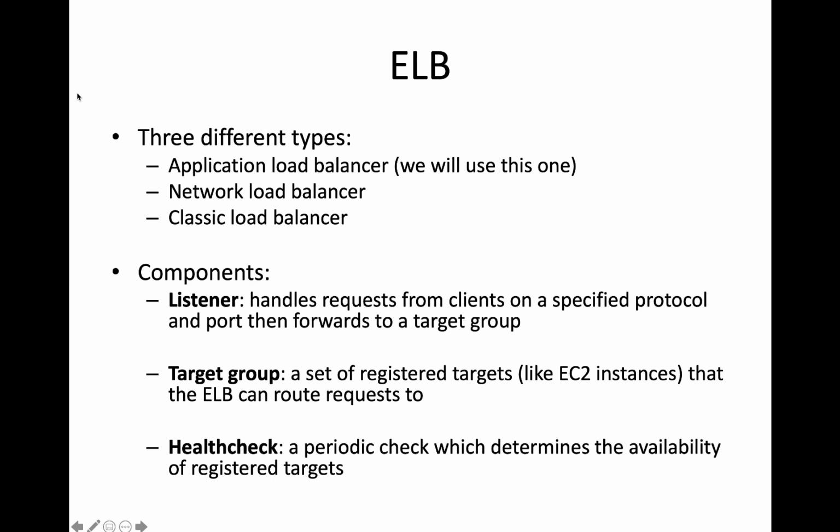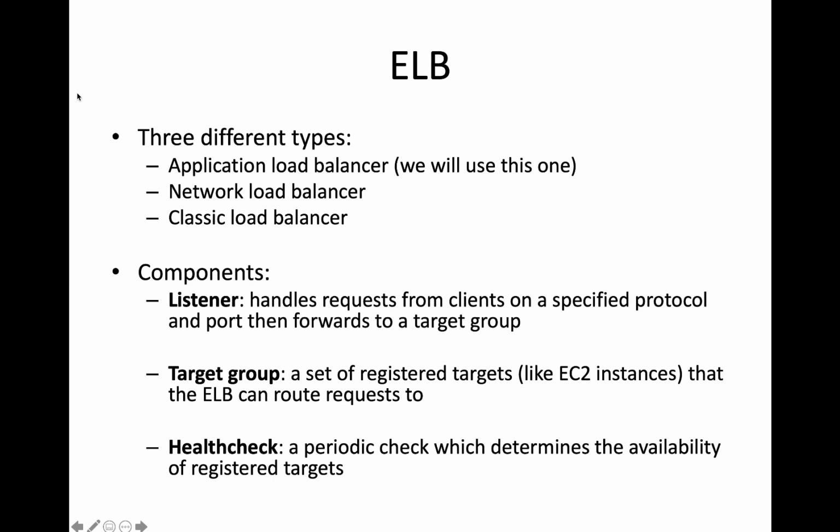The first component is what we call the listener. The listener is something which you configure on the load balancer, and it basically describes what network protocol and port the load balancer is going to listen for traffic on.